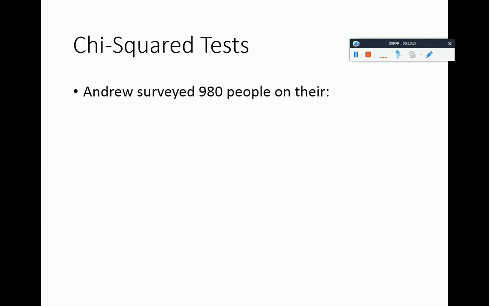So let's be very concrete, and that will facilitate our understanding of this particular statistical technique. Let's say Andrew surveyed 980 people on their gender, so simply asked them, what's your gender?